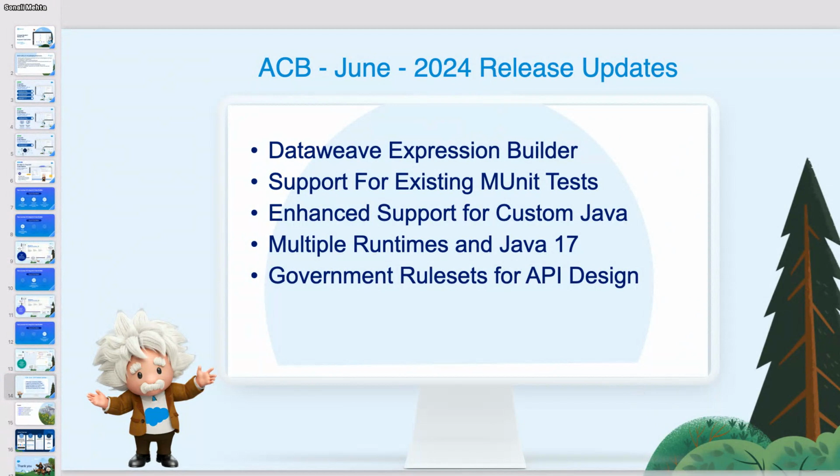The third one is enhanced support for custom Java. Anypoint Code Builder also extends and enhances your integrations with custom Java code, and that helps developers bring enhanced support into Anypoint Code Builder.